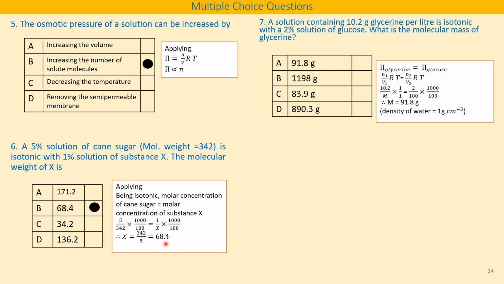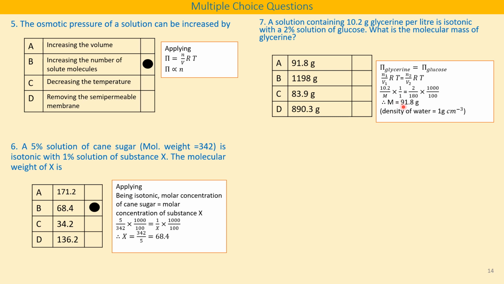So let us do some calculation. Osmotic pressure of glycerin should be equal to osmotic pressure of glucose because both are isotonic solutions. Therefore, n1 by V1 into RT should be equal to n2 by V2 into RT, where n, R, V are the usual notations.